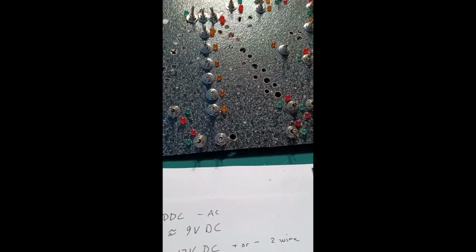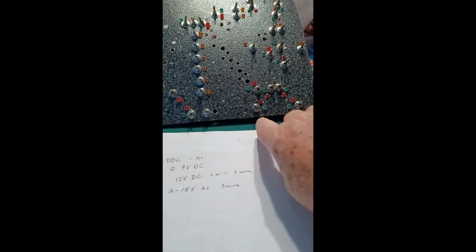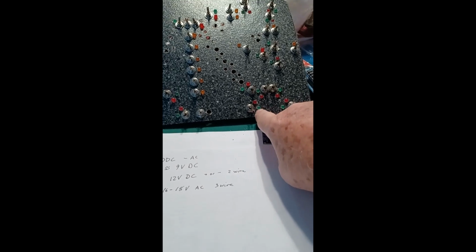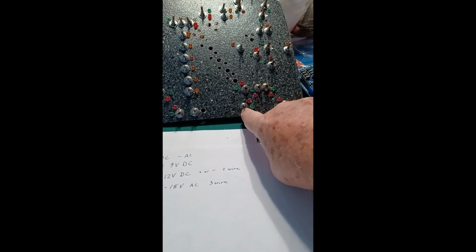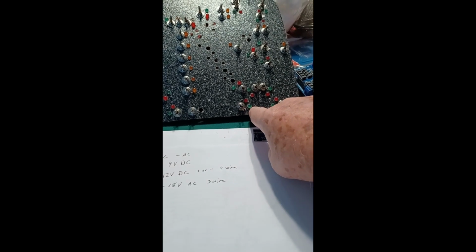And that's fine. But now comes the rub. Now comes the real issue. And that issue is I want to have a green light indicating which way that turnout is. So when I'm on the main line, I want that green light lit.